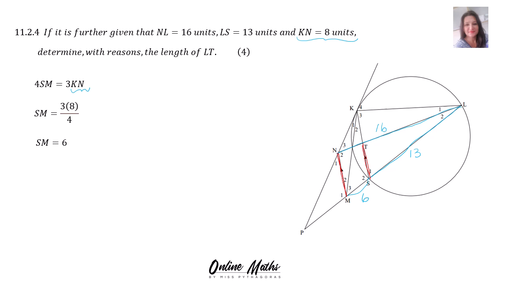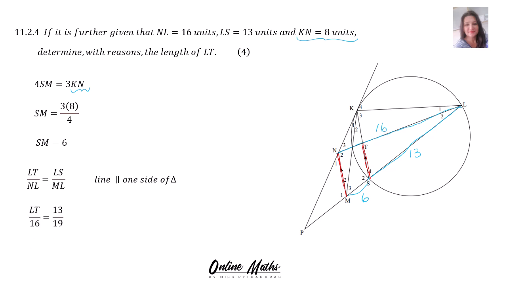So in the grade 12 work, there's a theorem that says a line parallel to one side of a triangle divides the other two sides in the same proportion. So therefore, we can write that LT over NL is equal to LS over ML. And now we can substitute the values. There's your reason: line parallel to one side of a triangle.